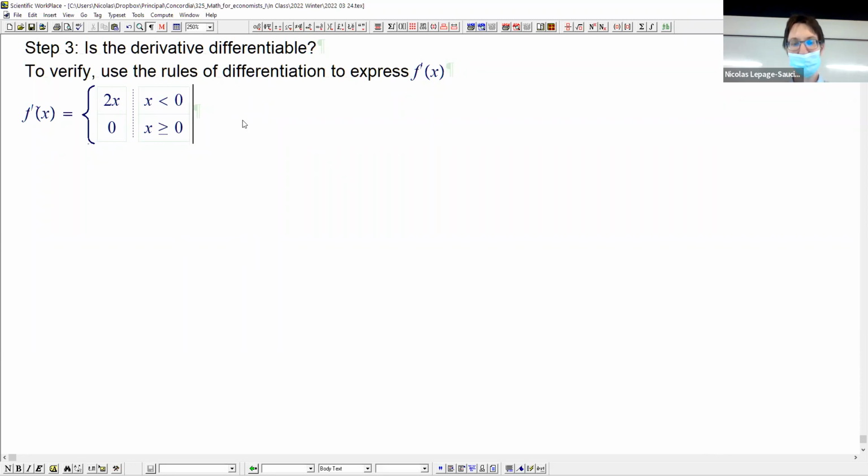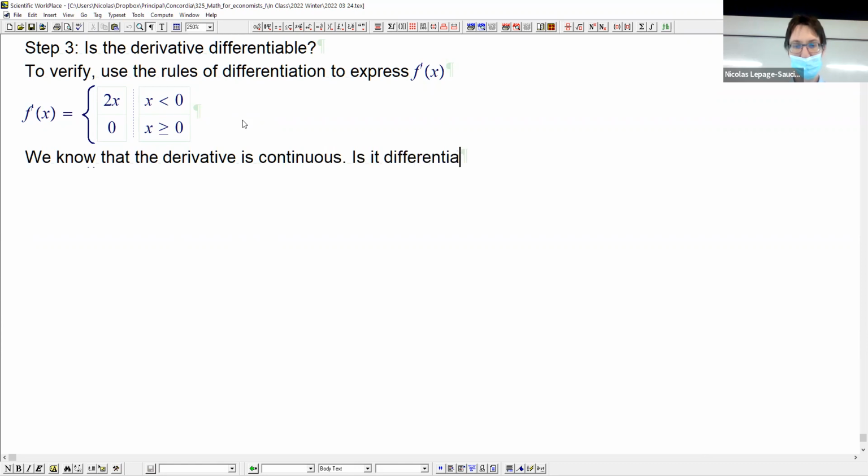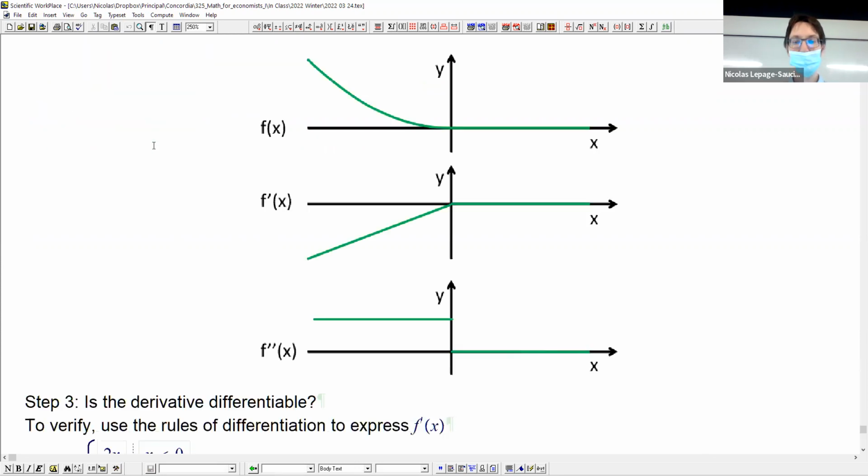So now let's again. You know the derivative is continuous. Is it differentiable? So we check again the same thing, but with 2x instead.